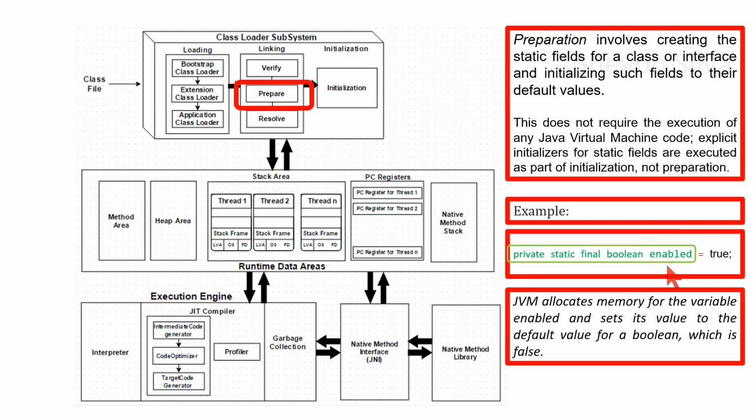The JVM allocates memory for the variable enabled and sets its value to the default value for a boolean, which is false. This is a static field, and so even though it's assigned true, in this phase enabled is assigned the false value, which is the default for boolean.